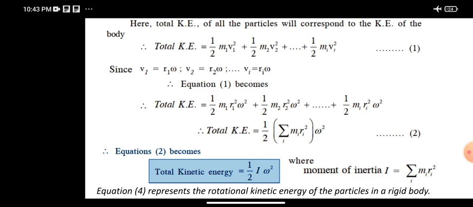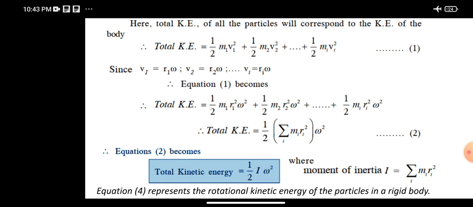We know very well the relation between linear velocity and angular velocity is v equal to r omega. So for the first particle v1 equals r1 omega, for the second particle v2 equals r2 omega, and for the ith particle vi equals ri omega.